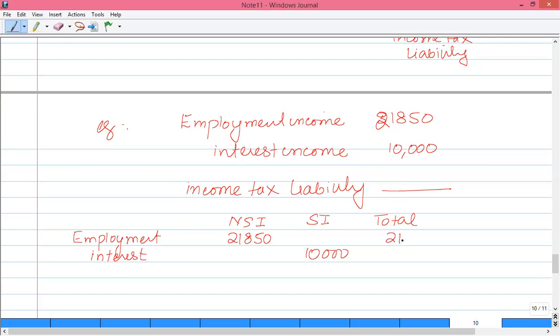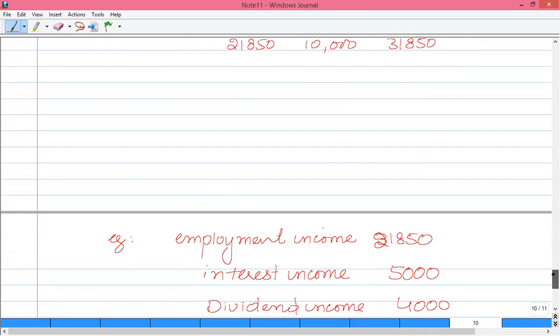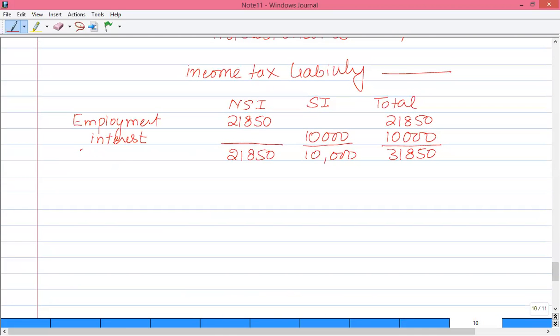So the total is 21,850 and 10,000, and the total is 31,850, and that shows that the person is still a basic rate taxpayer. As we have no relief, so this is total income. Relief is 0, so we'll directly deduct a personal allowance of 11,850.